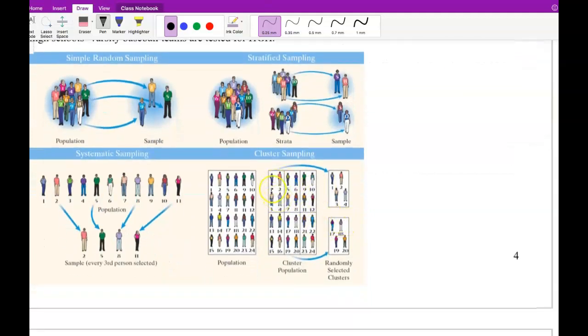See, I chose all of these to have our sample from each group.